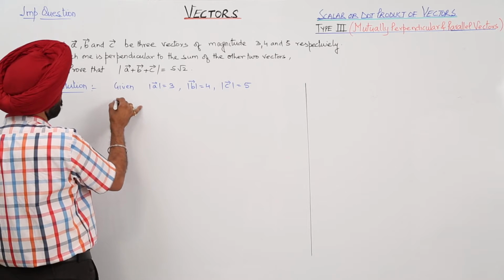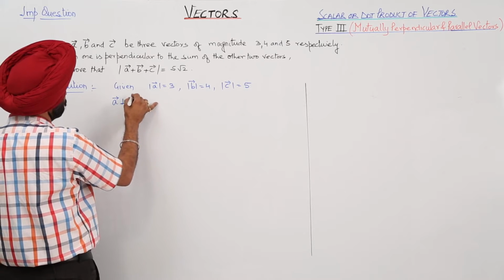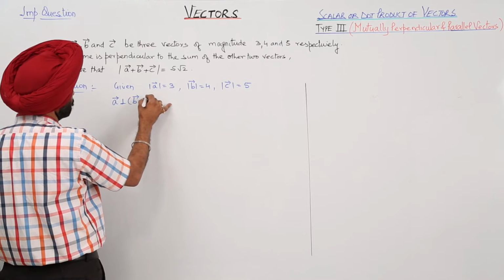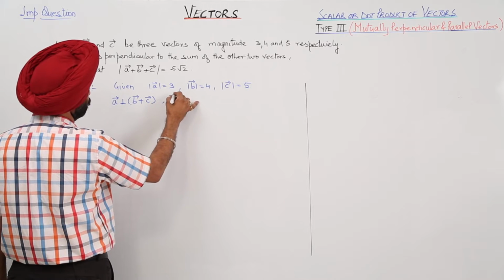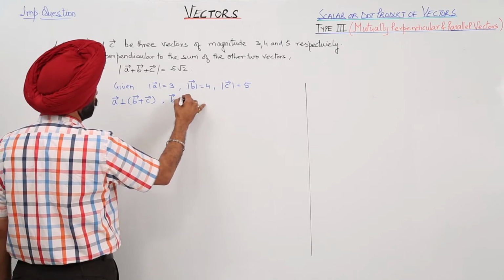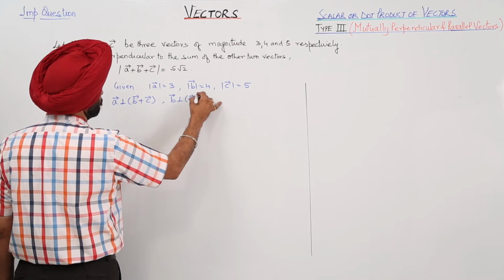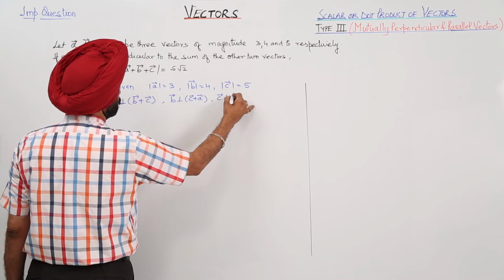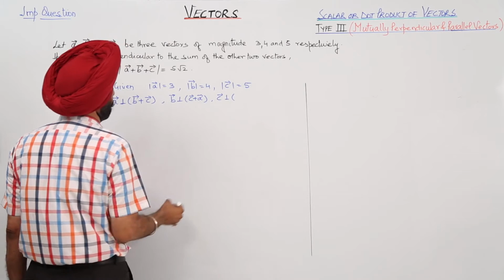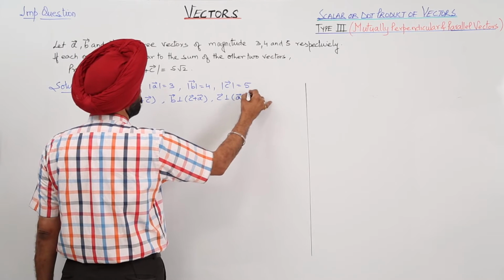Also, vector A is perpendicular to vector B plus vector C, vector B is perpendicular to vector C plus vector A, and vector C is perpendicular to vector A plus vector B.